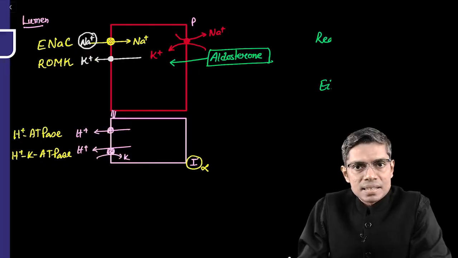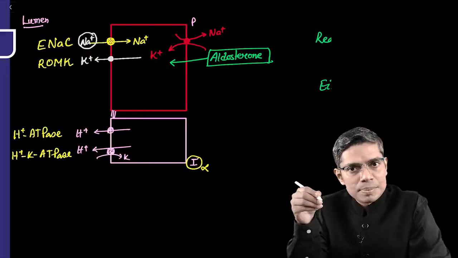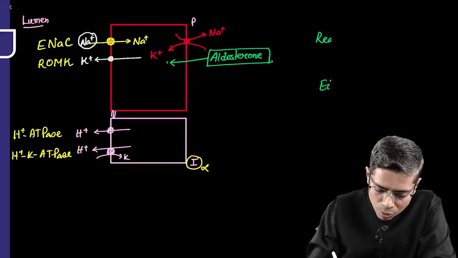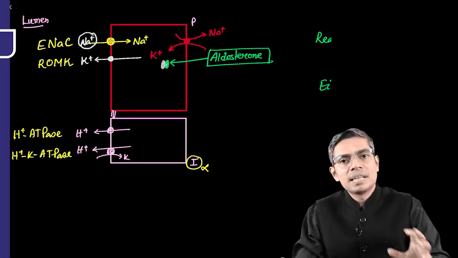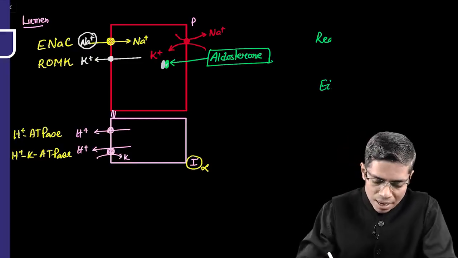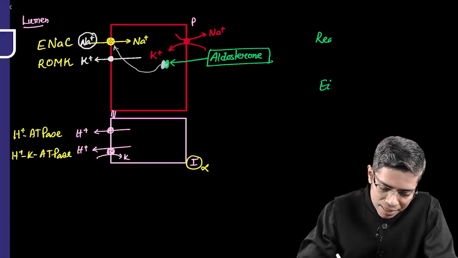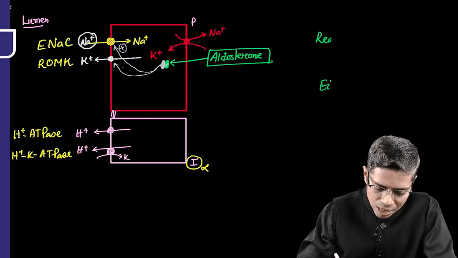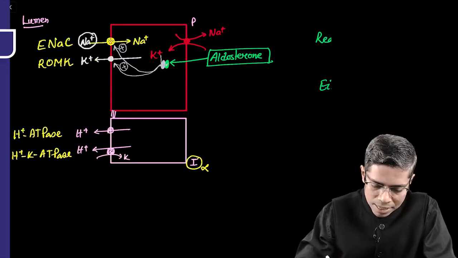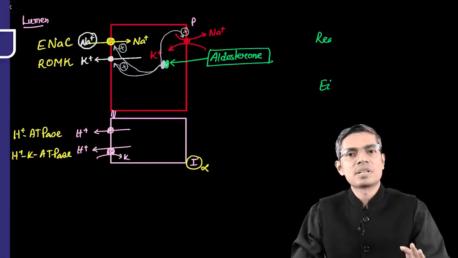After entering the cell, it will act on its receptor. Then the hormone receptor complex, what are they going to do? They are going to activate the ENaC channel, the ROMK channel, and also the sodium potassium ATPase pump.